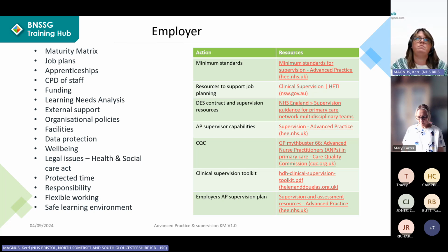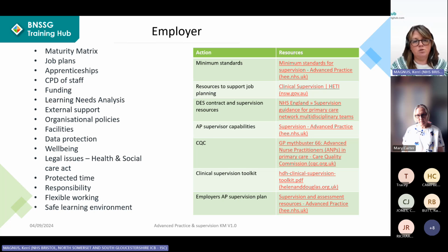There are lots of things you can consider to do with facilities for supervision, but also identifying what is available for the individual's well-being, legal issues, particularly around regulation and the commitment statement that individuals signed up to. But also, do they have protected time to have that supervision within their job plans?